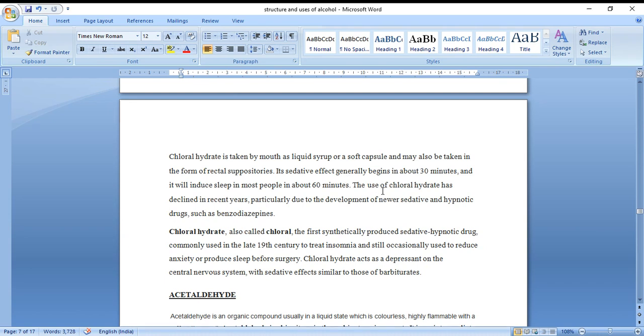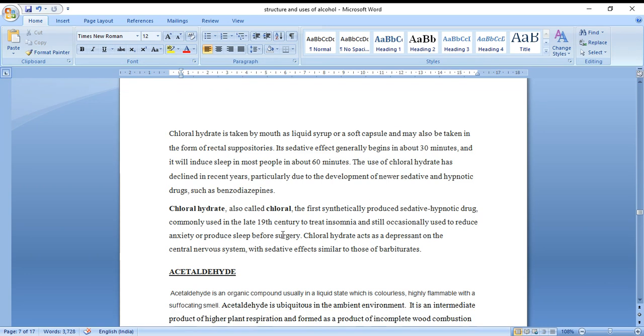The sedative effect begins in about 30 minutes, and it will induce sleep in most people in about 60 minutes. Chloral hydrate has declined in recent years because of the development of various sedative and hypnotic drugs such as benzodiazepines.